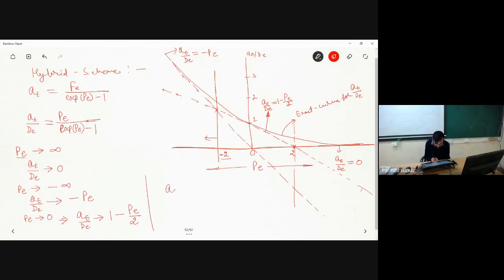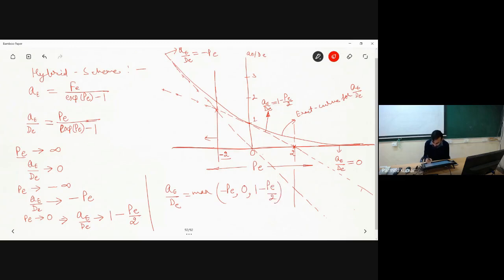My coefficient AE by DE will be nothing but equal to the maximum of minus Peclet number, because the first line is minus Peclet number, the second line is 0, and the third line is 1 minus Peclet number by 2.